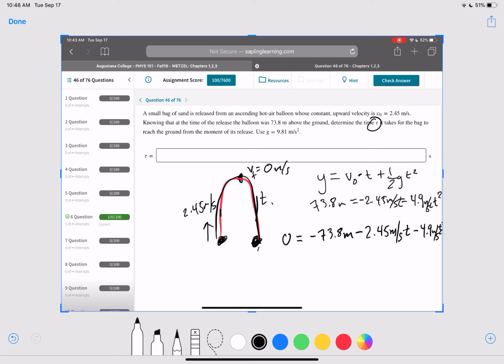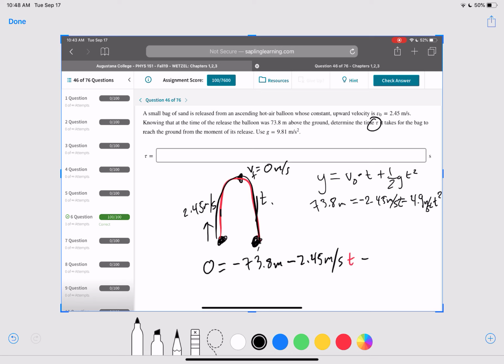Let me rewrite it so you can actually see the whole equation. I want to be certain that you can see the whole thing. So we're going to have 0 is equal to minus 73.8 meters minus 2.45 meters per second times t minus 4.9 meters per second squared times t squared.